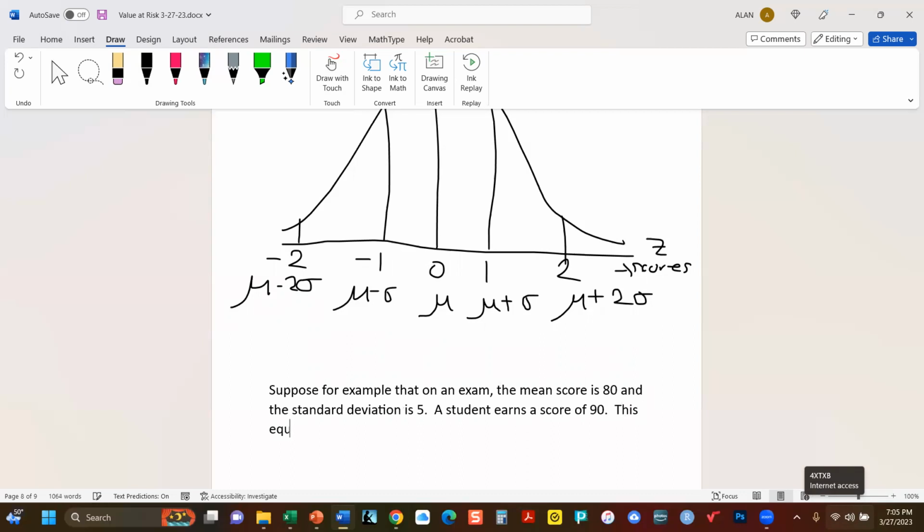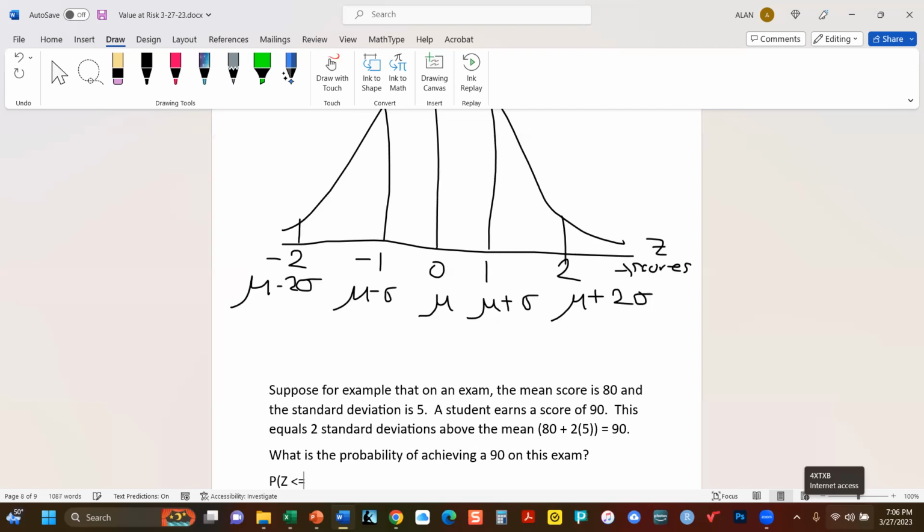This equals 2 standard deviations above the mean, since it's 80 plus 2 times 5. What is the probability of achieving a 90 on this exam?